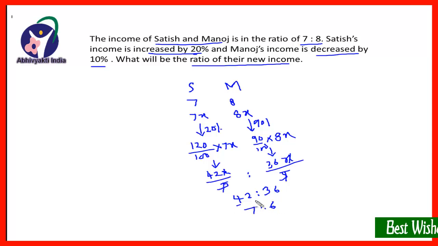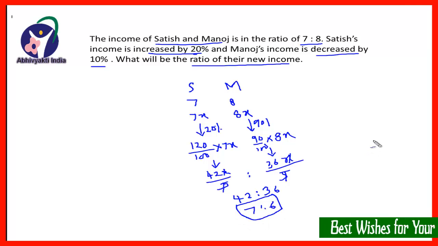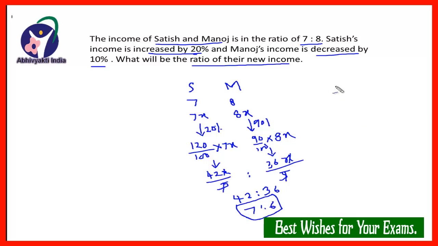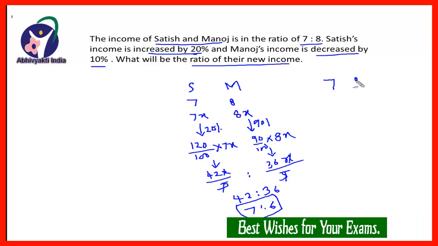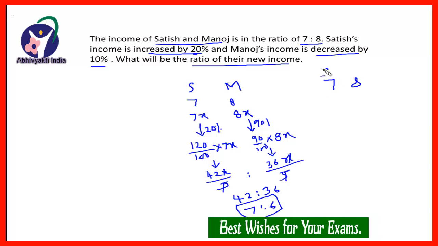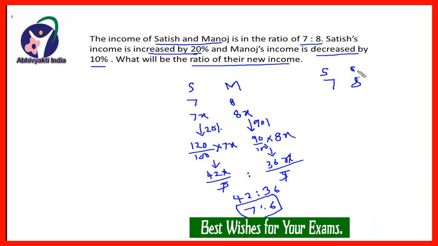So the ratio of Satish and Manoj's new income is 7:6. Friends, this can be solved in another way also. Satish and Manoj's income is 7:8.